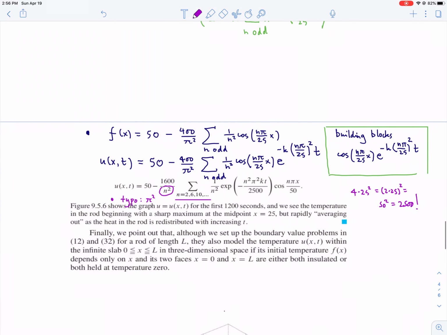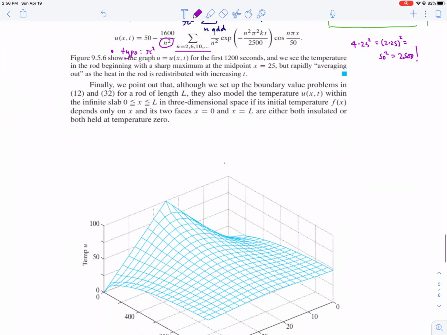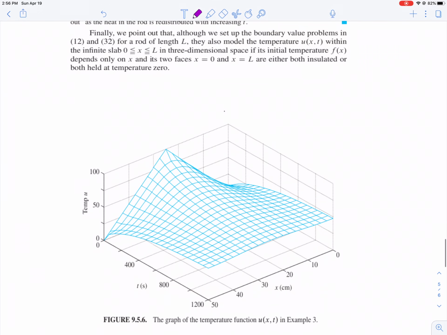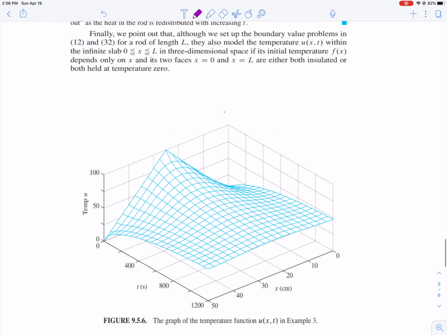Okay, so let's have a look at their picture. So you can see the initial tent heat distribution from 0 to 50.